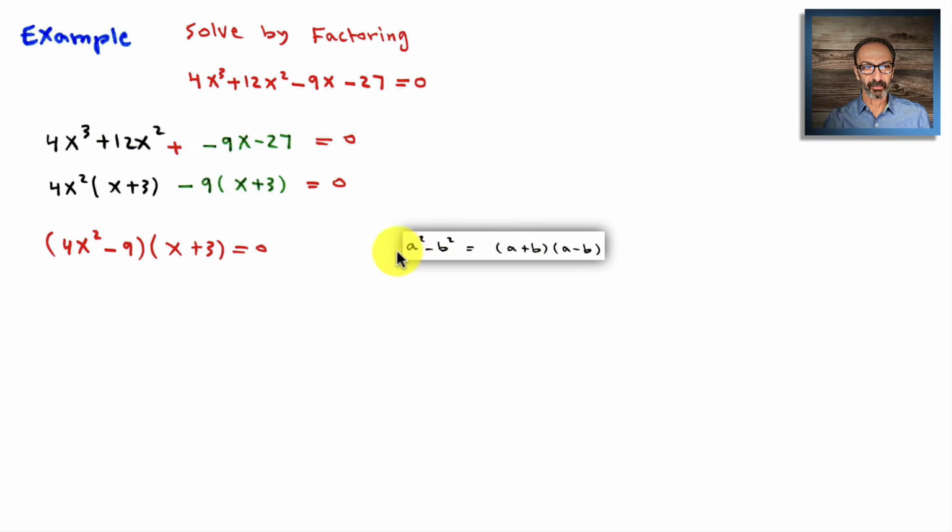The a will be 2x and the b will be 3. 2x plus 3, just like this, and 2x minus 3. That's my a, that's my b, a plus b, and a minus b. Of course, we leave this right there.